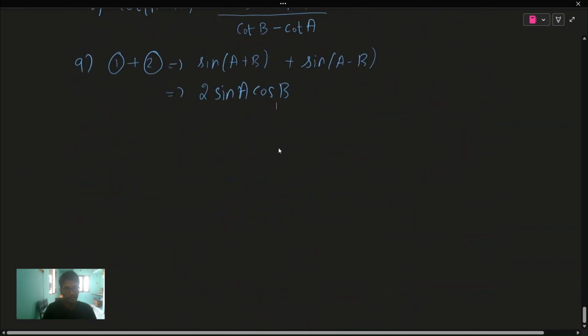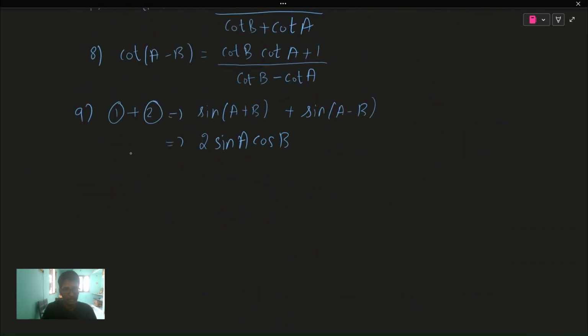Same way, which means sin A plus B plus sin A minus B is equal to 2 sin A cos B. I'm just calling it in shorter form. Let's subtract both equations.